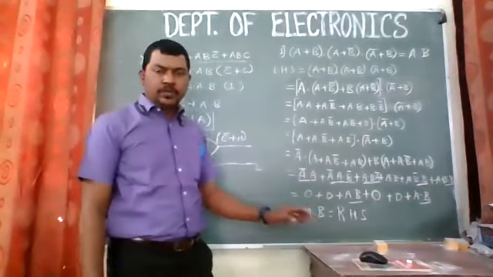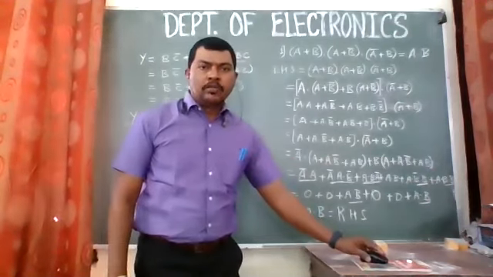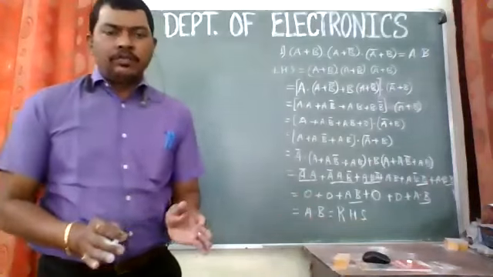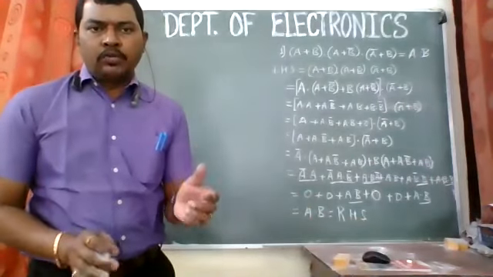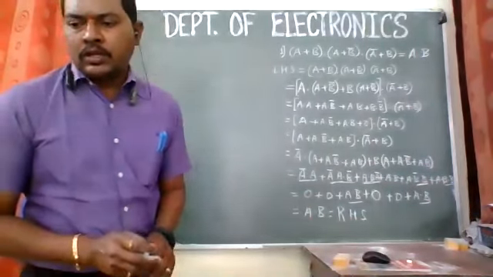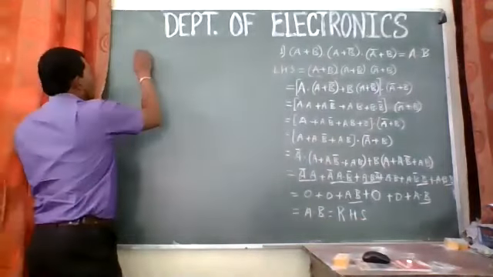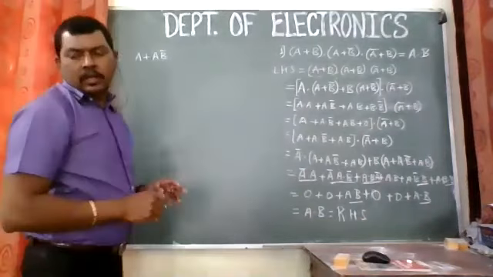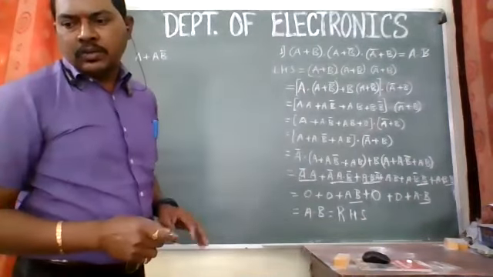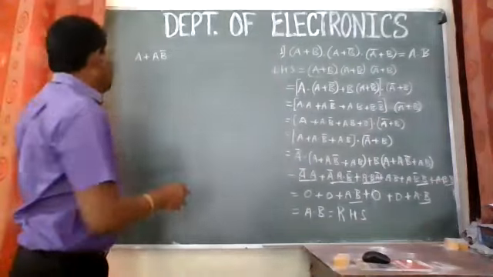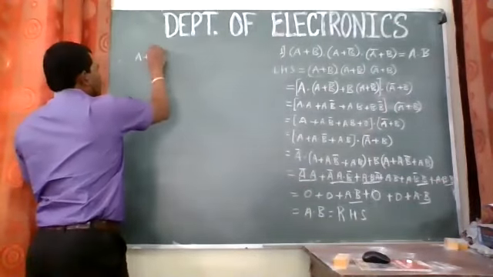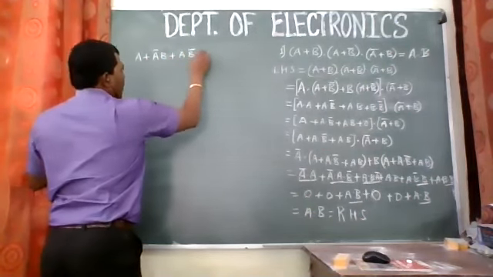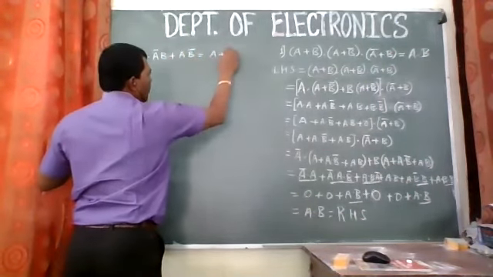So this is how we are proving that. We'll try another equation, another small proof again. We have very little time to go. The equation is a plus a bar b plus a b bar, and this should be equal to a plus b.